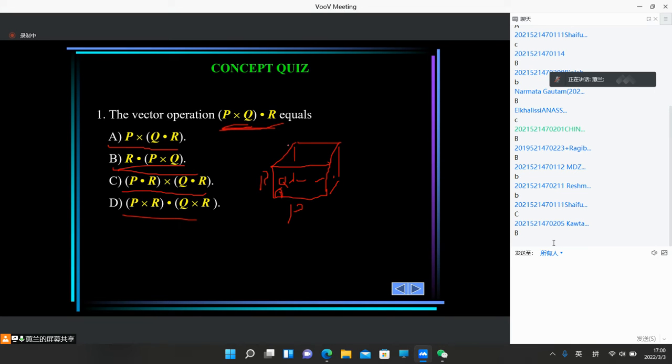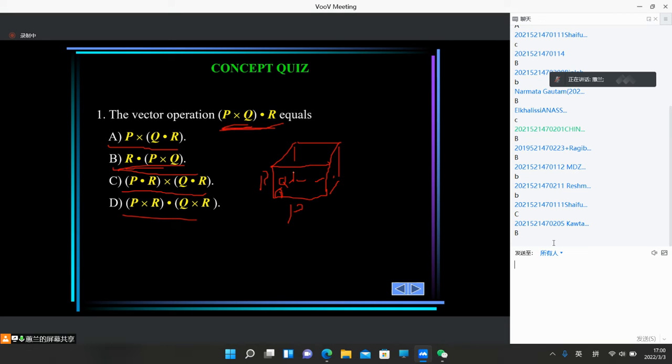I can explain another way. P cross Q will result in a vector, right? Vector dot R, we say they are commutative, right? They are commutative, so this one can be switched. Okay, the answer should be B.